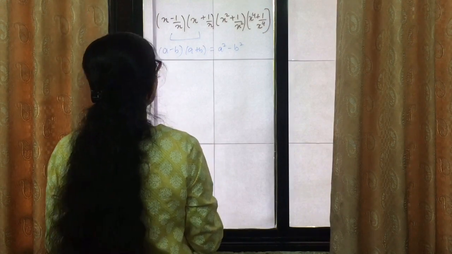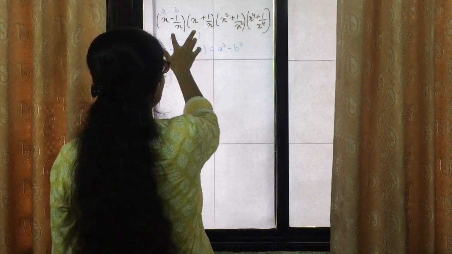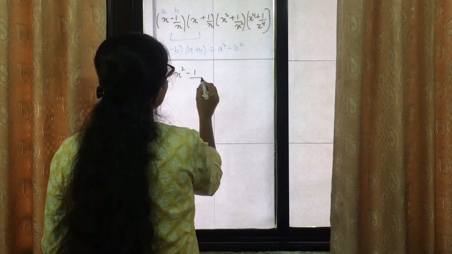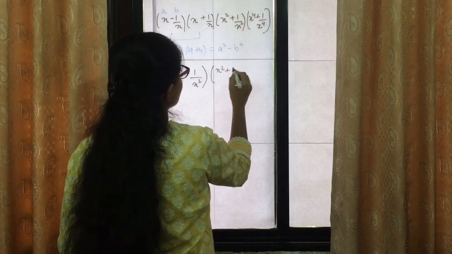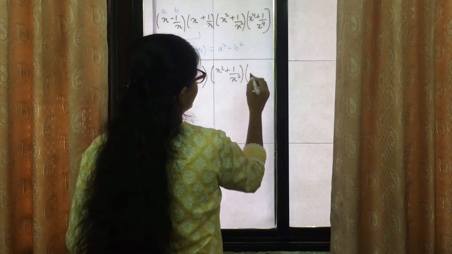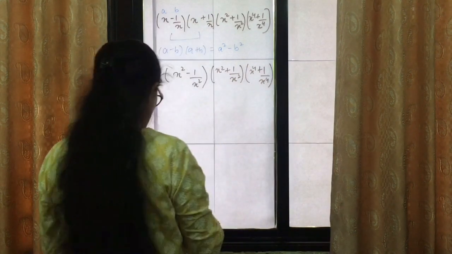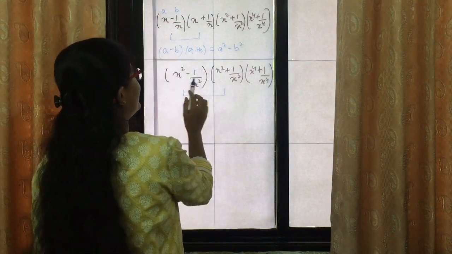So can I treat this as a and this as b? So while solving these two brackets, I will get x squared minus 1 upon x squared. Carry forward these two also, because they are part of the sum, so we have to write them. Now you can see again, these two brackets again show a minus b into a plus b.